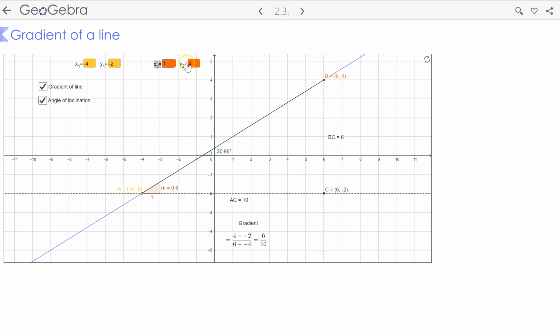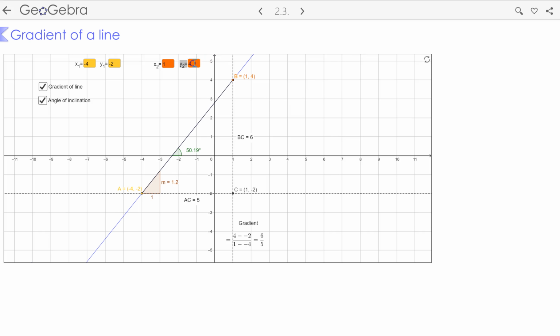I change that to 1 and that to 1. Then yes, nothing changes. So this is just reinforcing the point that it doesn't matter which 2 points you take on the line, the slope of the interval is the same as the slope of the line.